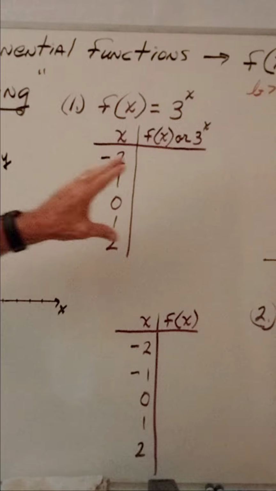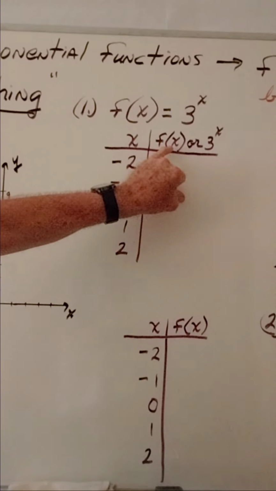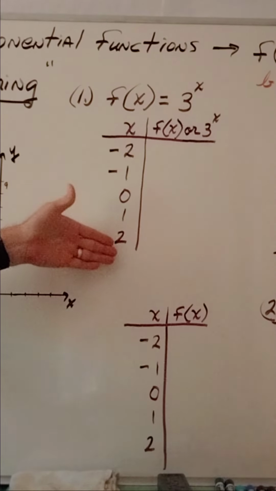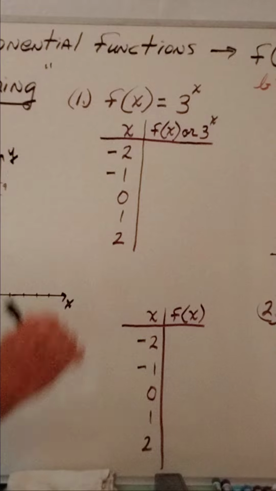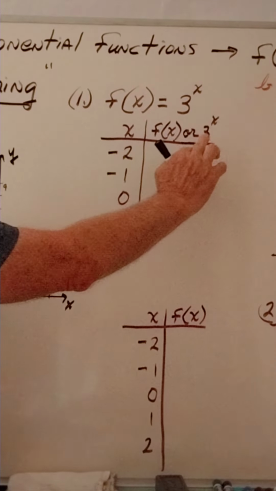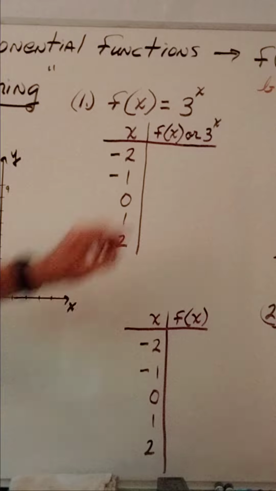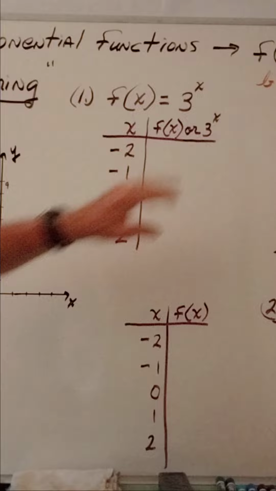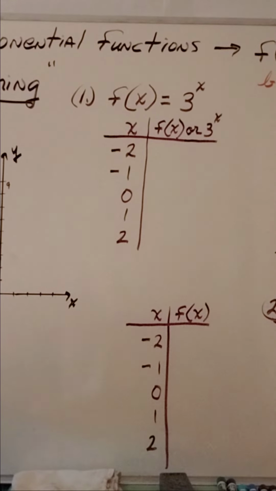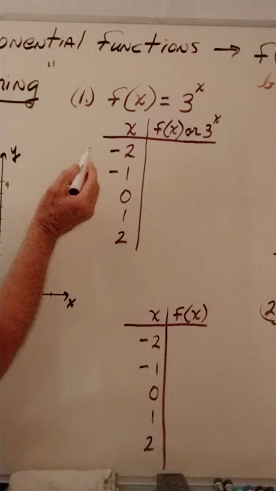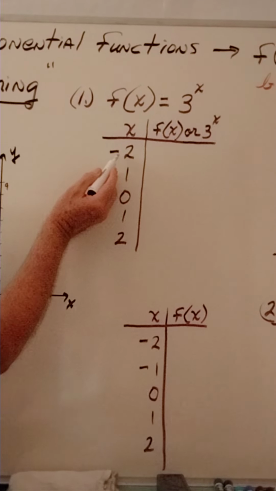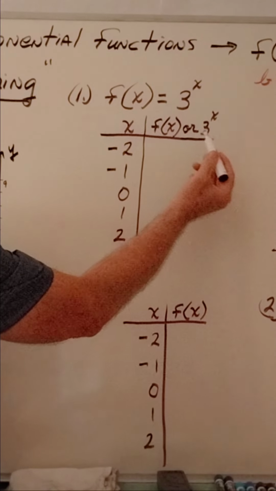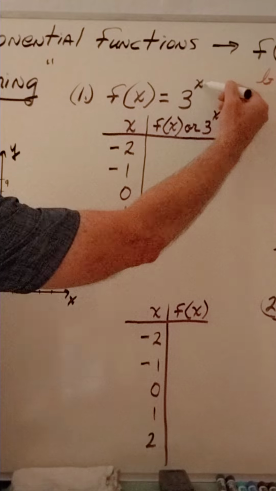Now, we're going to find the values of f of x, and remember f of x is the same thing as y. This is domain, this is range. Because f of x is equal to 3 to the x, I put 3 to the x right here so it would be a little bit easier to come up with our answer. Here we go. If x is equal to -2, and we want to find the value of y, then we substitute -2 in place of x.